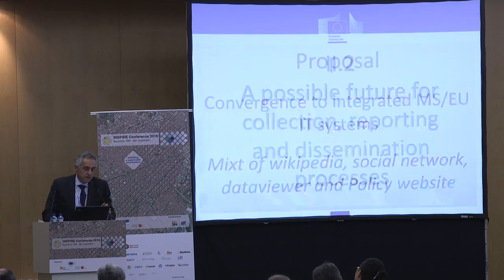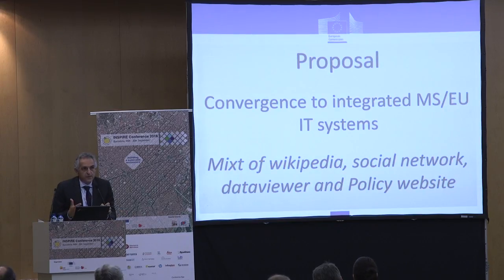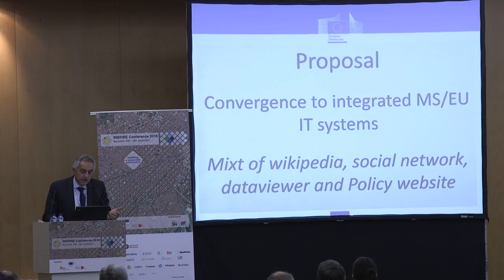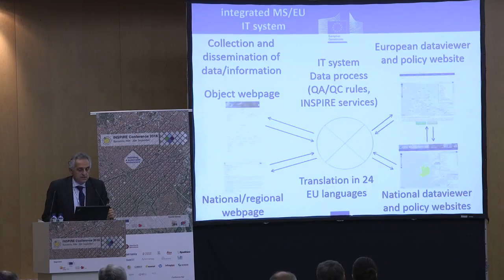So what I propose in order to improve the situation is to converge more and more into an integrated member states European IT system that could be a mix of a Wikipedia, social network, data viewer, and policy website, in order to give an answer to this issue.